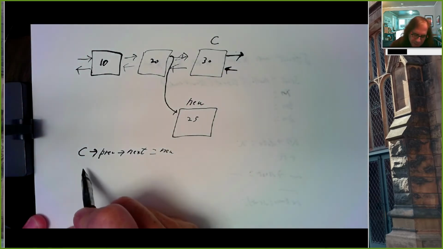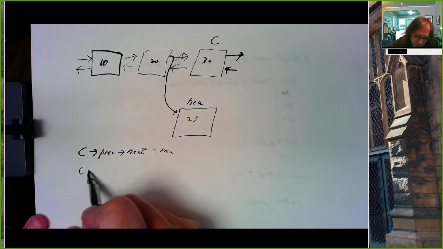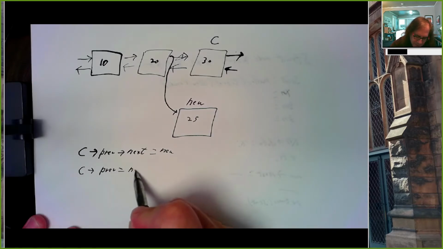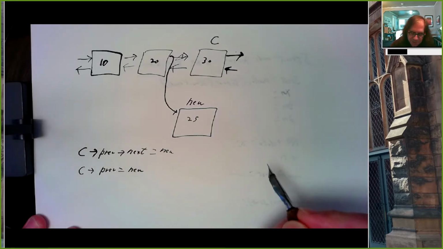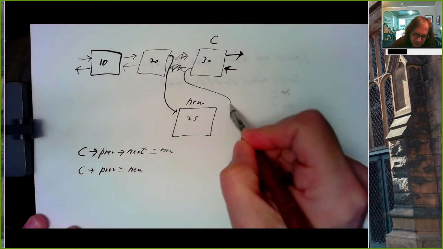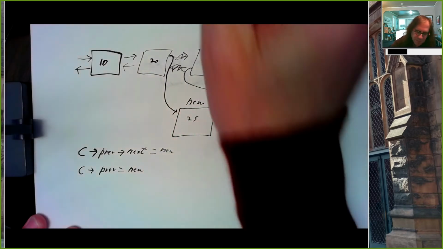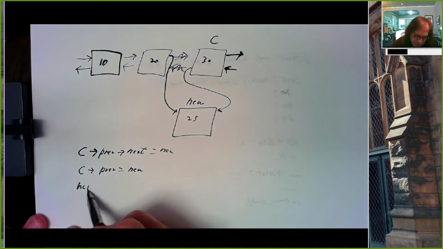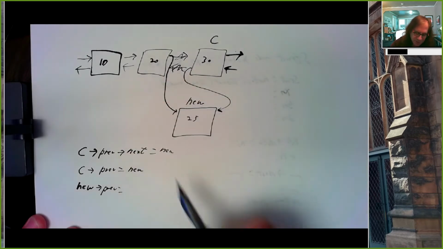And then C arrow previous should be equal to new. So that sets up this pointer. And then new previous should point to the 20.